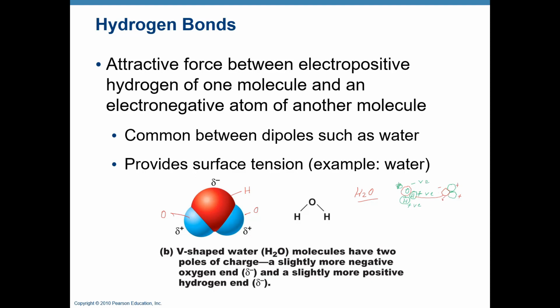This is negative, this is positive. So they will attract each other. This negative oxygen will attract the hydrogens. The positive and negative will attract each other, and that is the hydrogen bond.